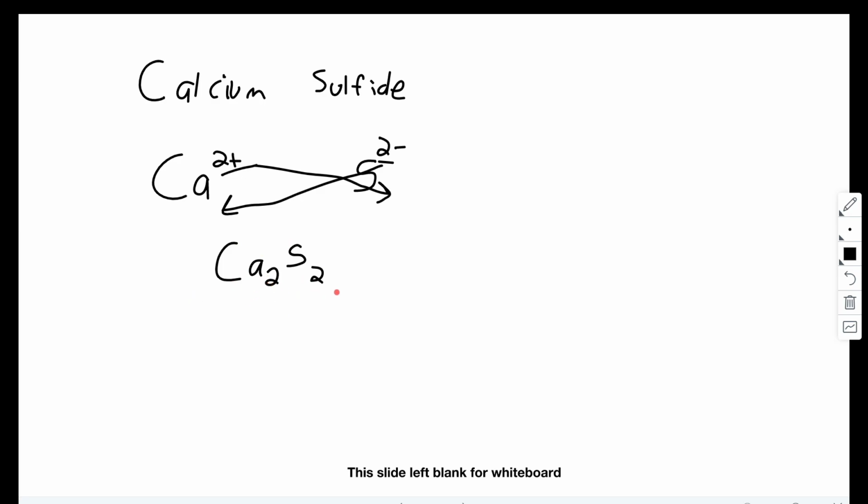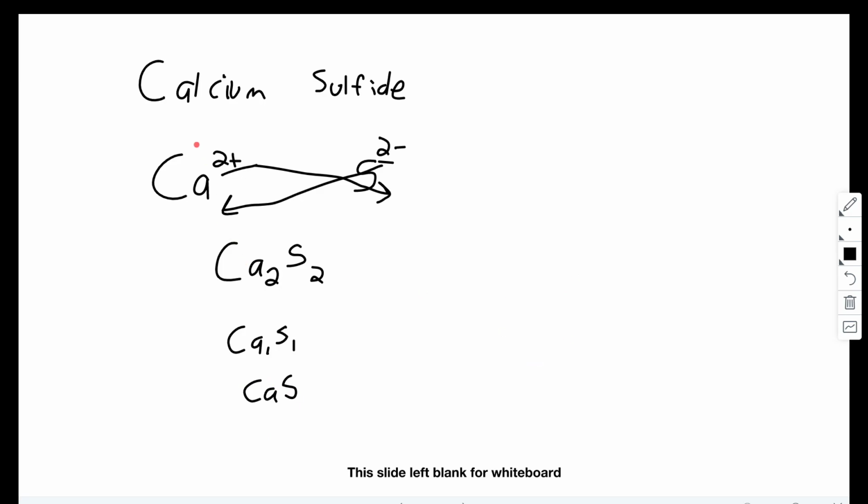Because we got 2 and 2. Well, can you divide 2 and 2 together? Yeah. So therefore, we'll put it down into lowest terms. Ca1S1, and then we don't like 1, so we'll have CaS. Okay? And that's how we do our writing of formulas.